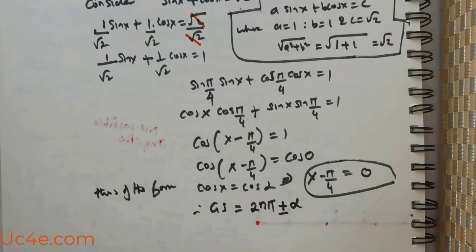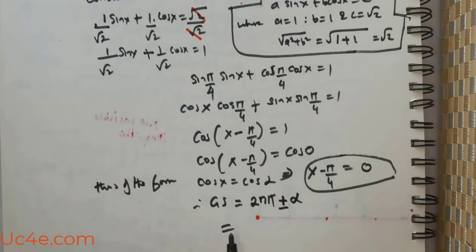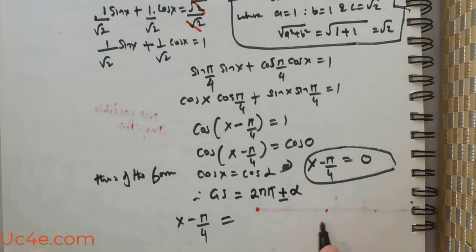In this case the alpha is 0 degrees here. So on the left hand side we are going to have x minus pi over 4 is equal to 2n pi plus or minus 0 degrees, right?